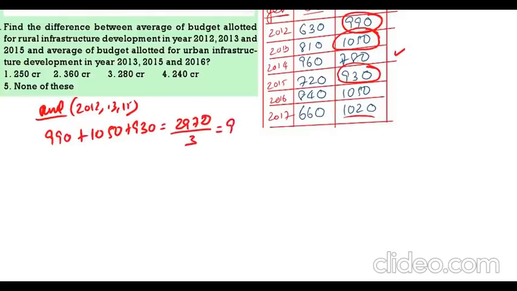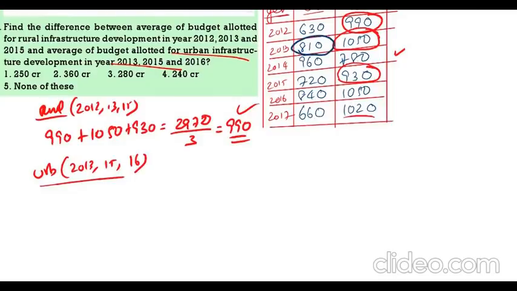That is 990 average. Now urban for 2013, 15, 16. Urban for 13, 810, 15, 720 and 16, 840.